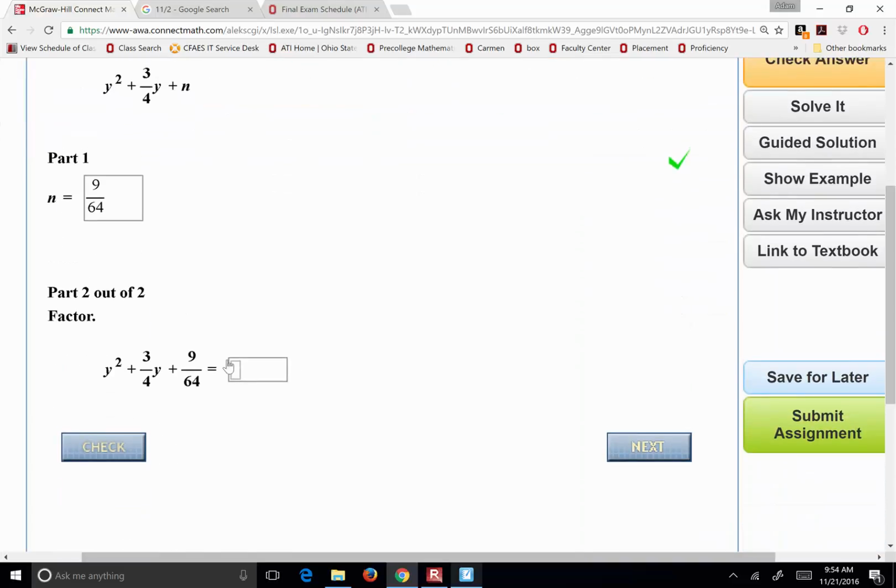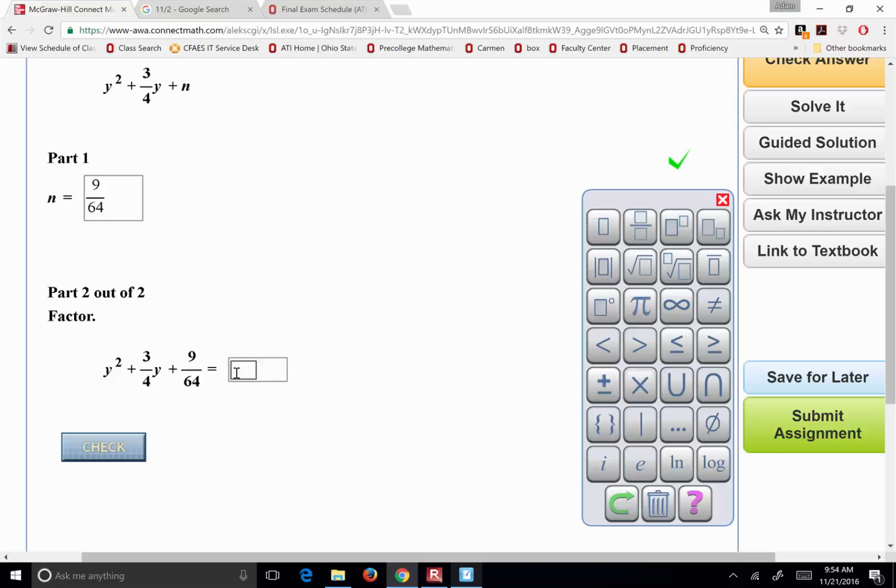Alright, how do you turn this into a square though? y, what is next? Plus 3/2.